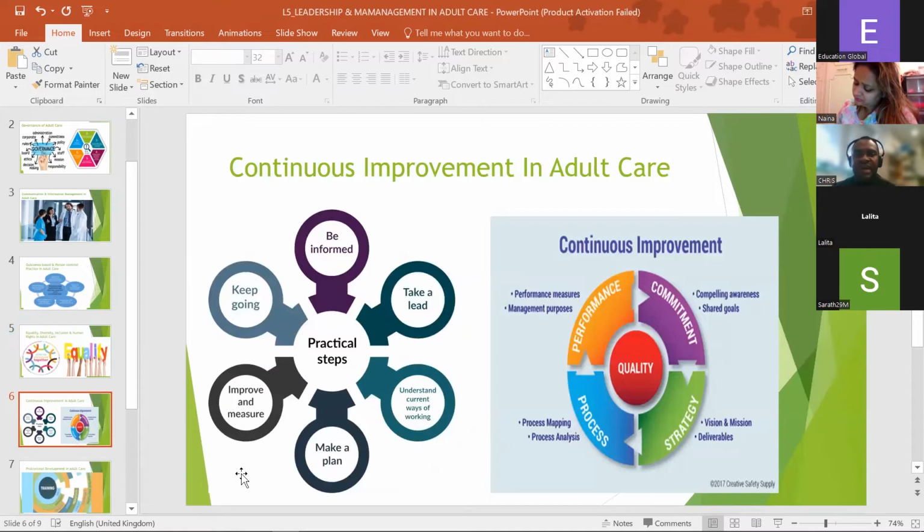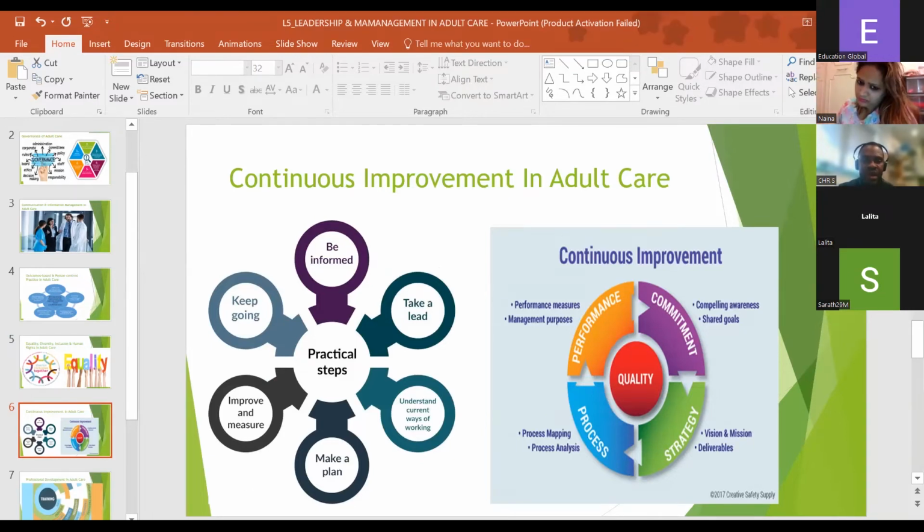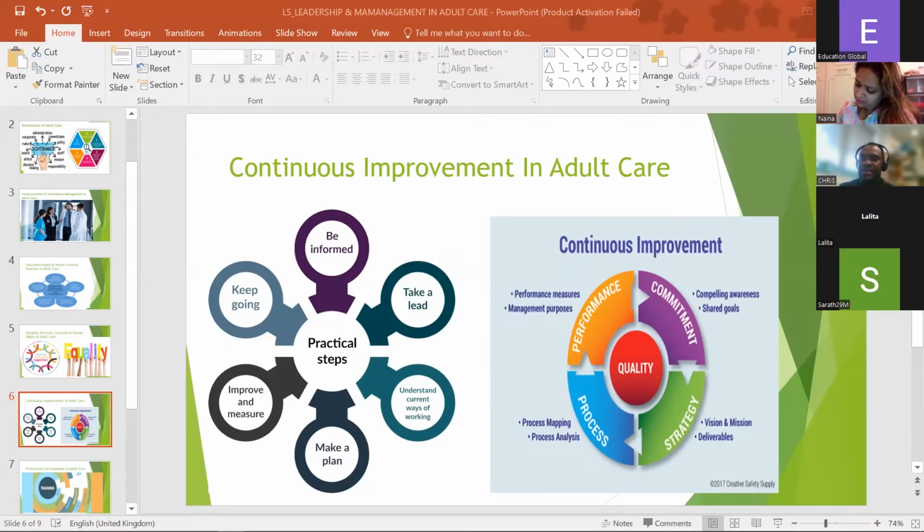Then continuous improvement in adult care. Basically, it's talking about how, as a healthcare worker, you need to update your knowledge in relation to changing government regulations and policies and procedures. For example, when you take this pandemic, for those who work in the healthcare sector, you realize that different policies and procedures keep coming.